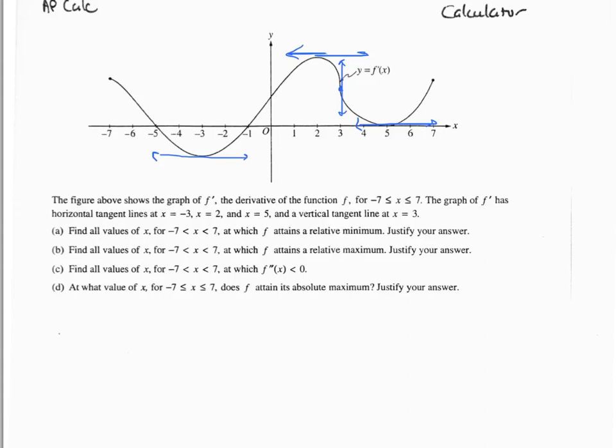So for part A, we need to find all values of x on that interval at which f attains a relative minimum. Now we know we have a relative minimum when our derivative changes from negative to positive, right? So our function goes from decreasing to increasing, but the derivative changes from negative to positive.